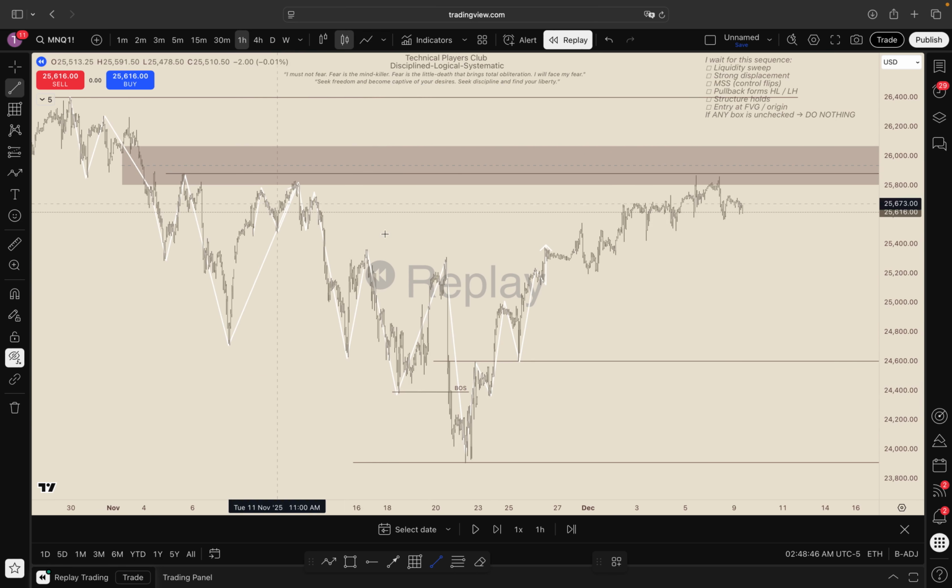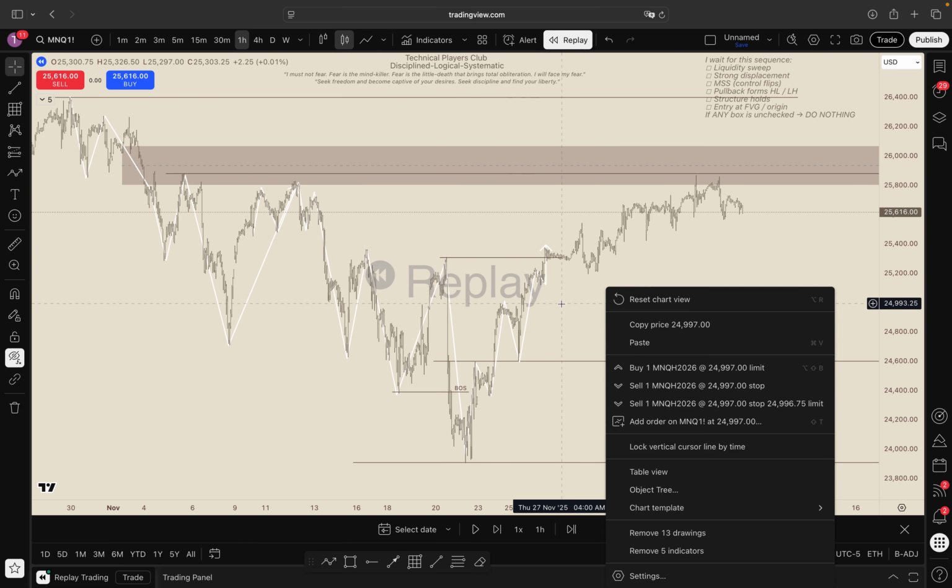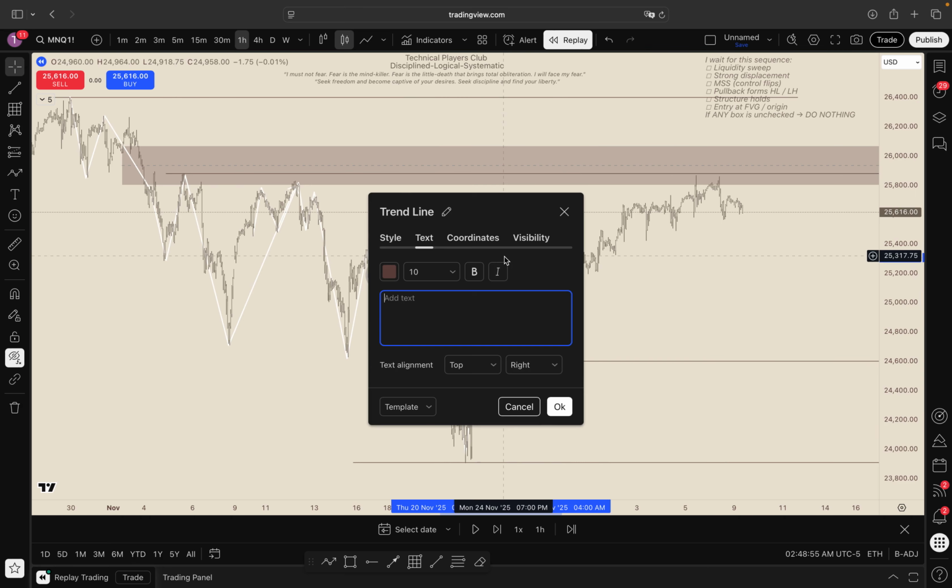If you're making lower lows and higher lows, the higher low should be a strong high. If price breaks that high, that means that trend is no longer being respected. So what do we have here? Boom. This was the last higher low, right? That's where this breaking structure came from. This is the last higher low.